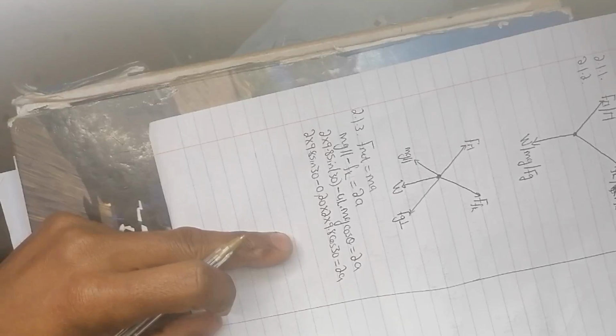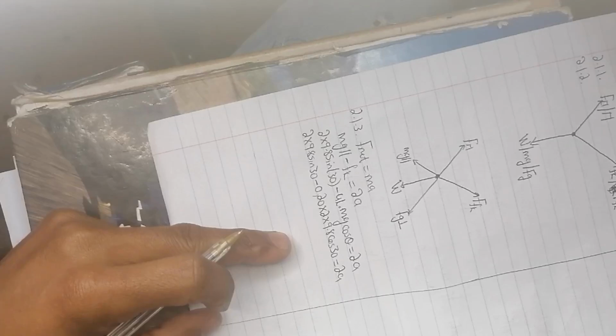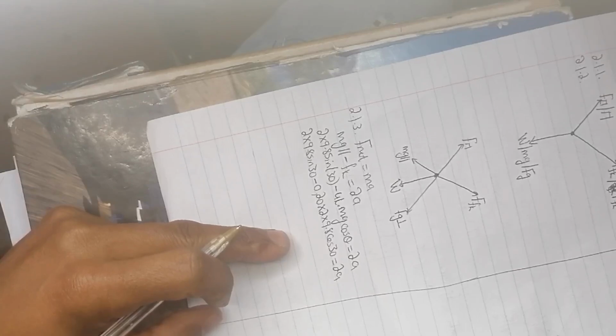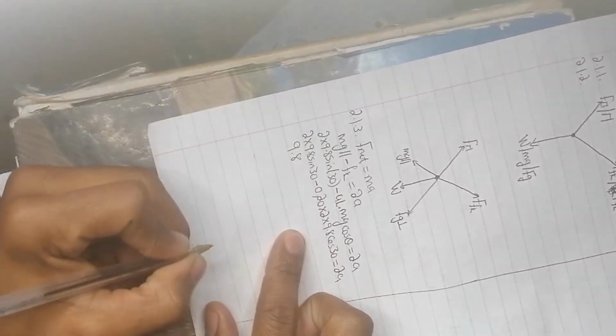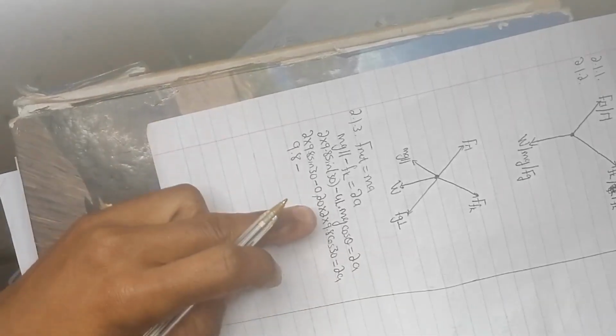Let me go to the calculator very fast. I can say 2 times 9.8 times the sine of 30, and I'll find 9.8. This is 9.8 minus, let me find this.